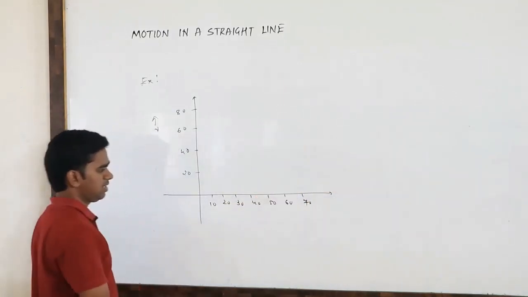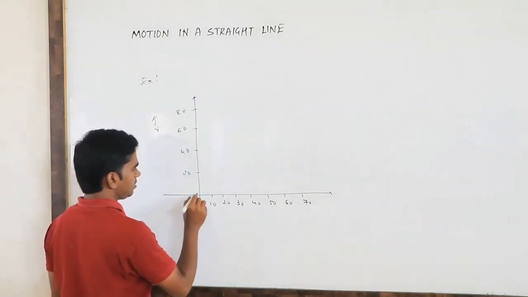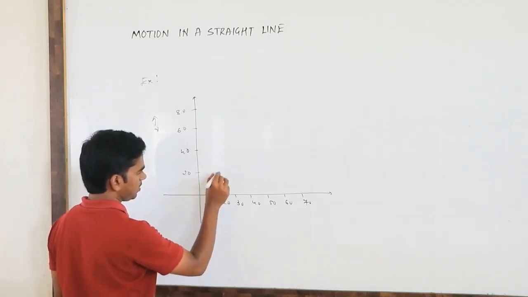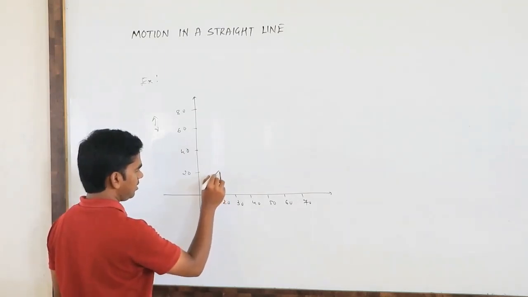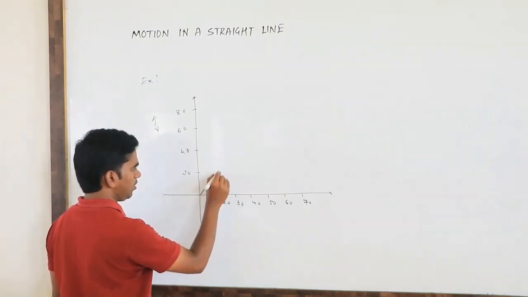Now what is happening? From the beginning till 20 it is increasing. It is better if we take dotted lines.